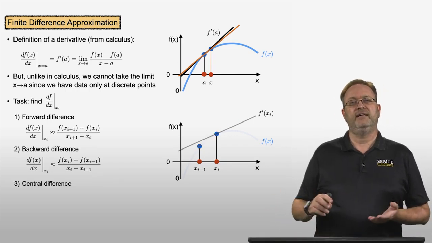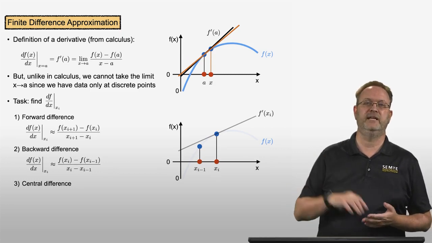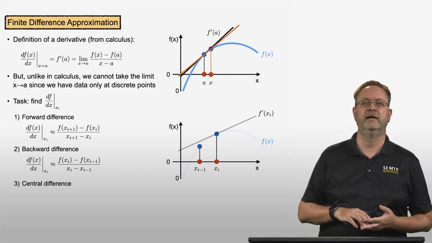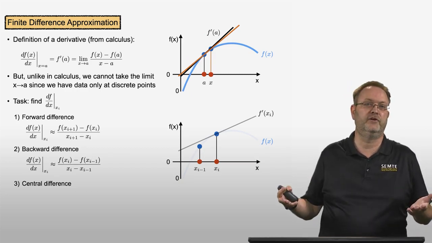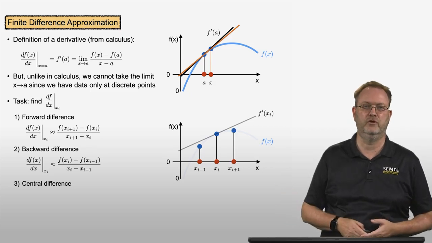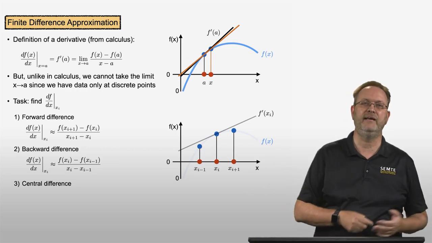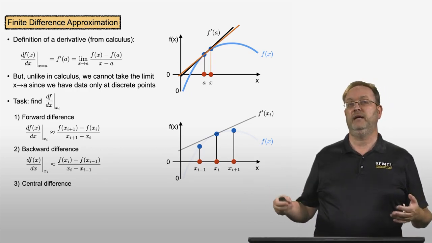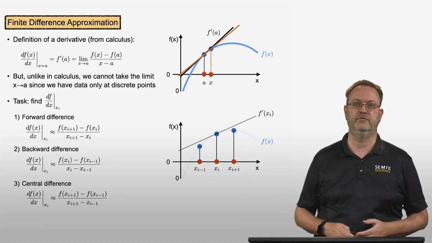Now you might have realized that one of these slopes, the backward difference, overestimates the slope at xi, and the other one underestimates it. So one idea one could have is, let me take the average of these two slopes. So let me take the points xi plus 1 and xi minus 1 and build a line through these 2 points and take the slope of this line.